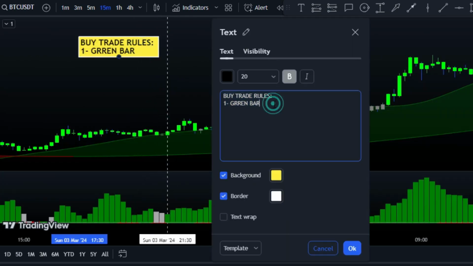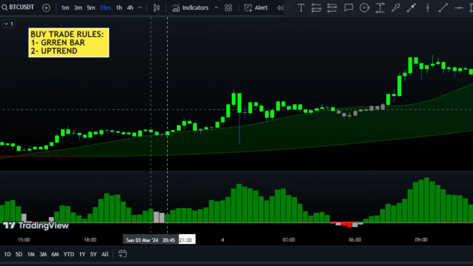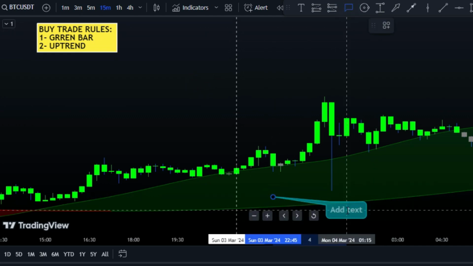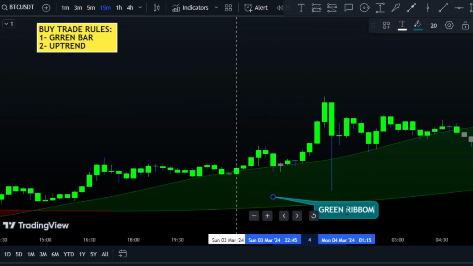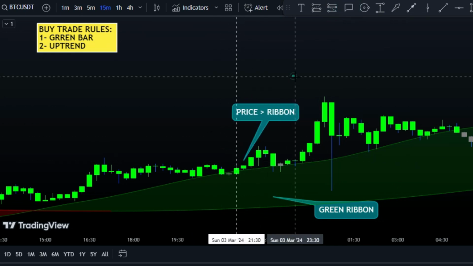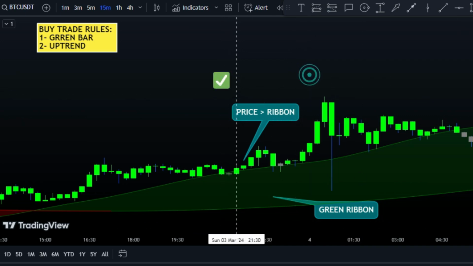Next, confirm an uptrend by ensuring the price is above the green ribbon. And once both these conditions are met, you're good to enter a buy position.